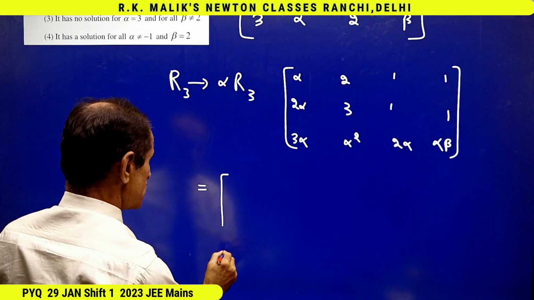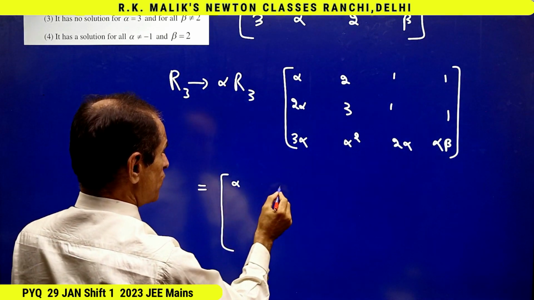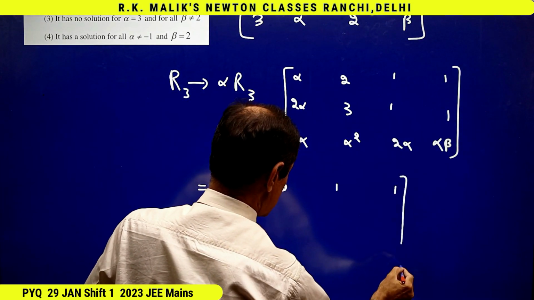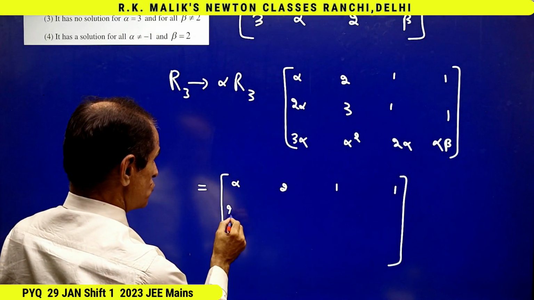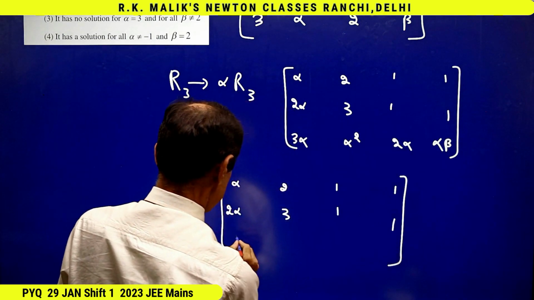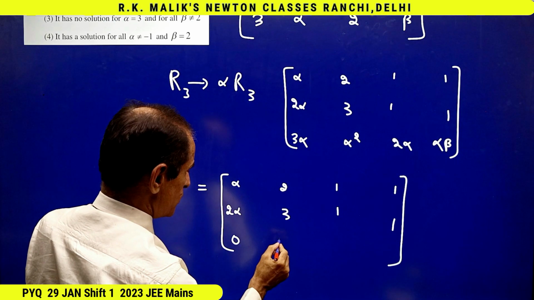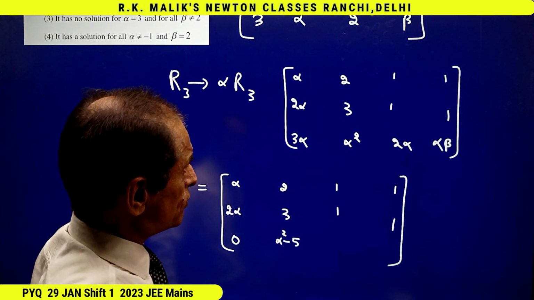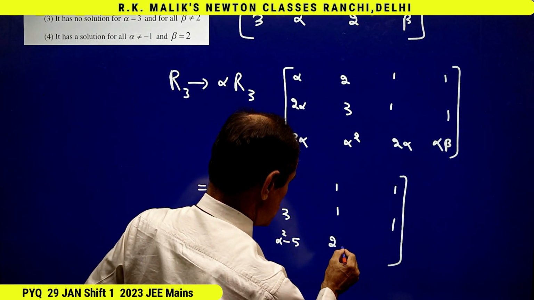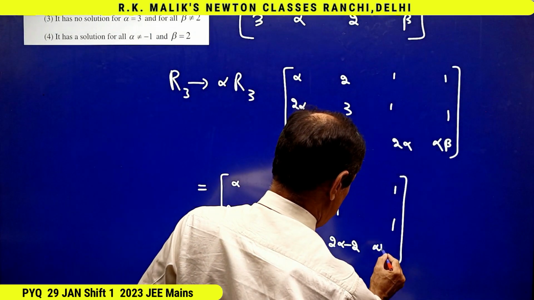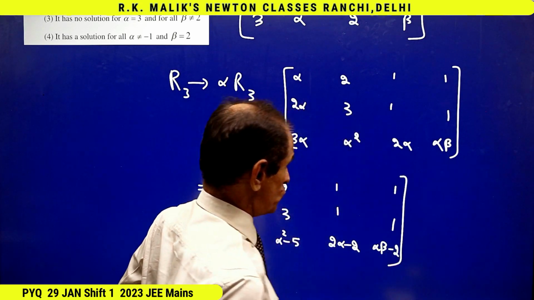And I get [alpha, 2, 1, 1], [2 alpha, 3, 1, 1], [0, alpha square minus 5, 2 alpha minus 2, alpha beta minus 2].